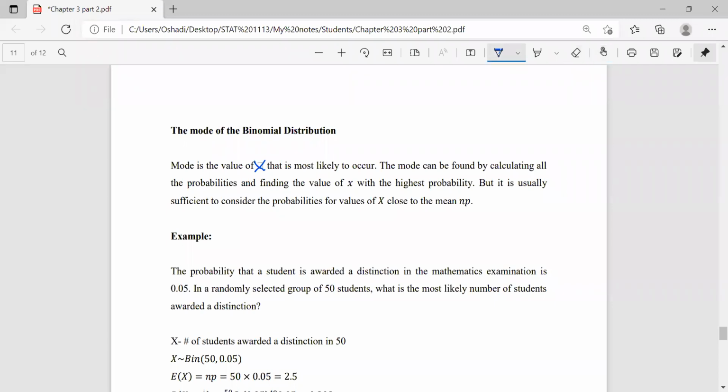Mode is the value of x that is most likely to occur. The mode can be found by calculating all the probabilities and finding the value of x with the highest probability. But it is usually sufficient to consider the probabilities for values of x close to the mean np. So mode is the value of x that is most likely to occur.